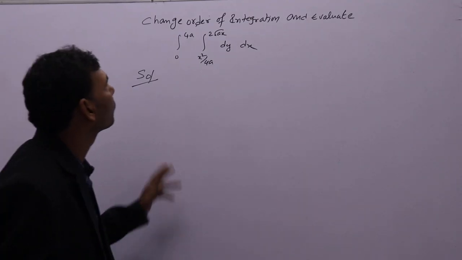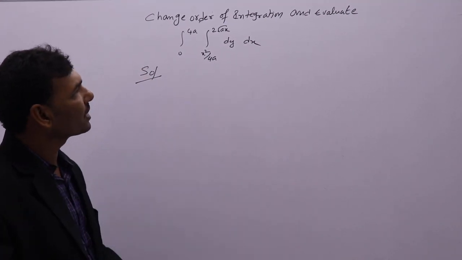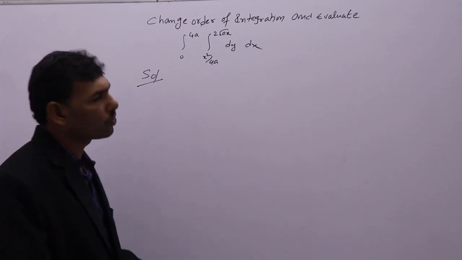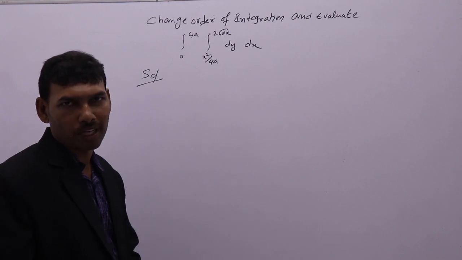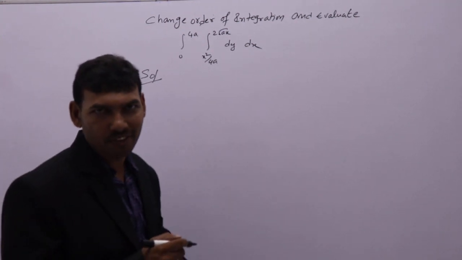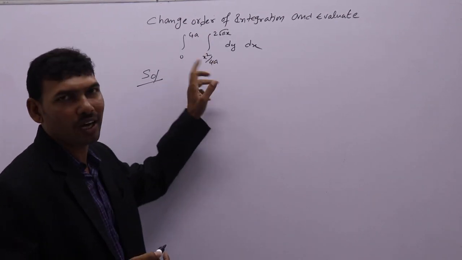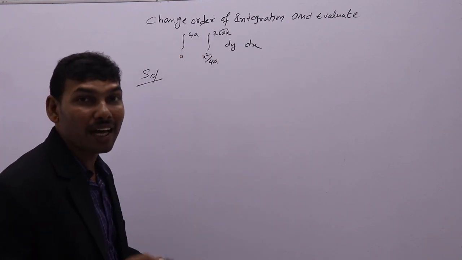So now, change the order of integration and evaluate. As I said, to change the order of integration, the same procedure I am going to follow for this problem also. First write the limits of integration. I said how to identify them: the limits which are in terms of x are the limits of y.